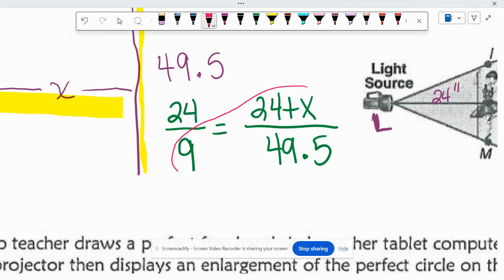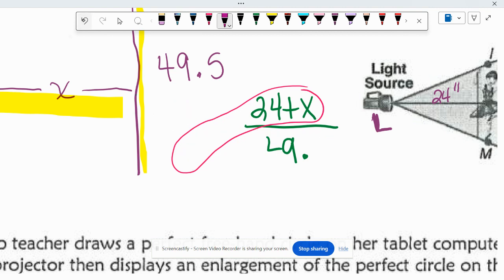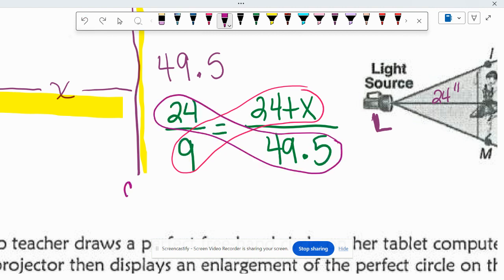Do you guys remember if I do something like this? What am I doing here? Yeah, it's called the cross product, cross product or cross multiply. So I need to know what 24 times 49.5 is.